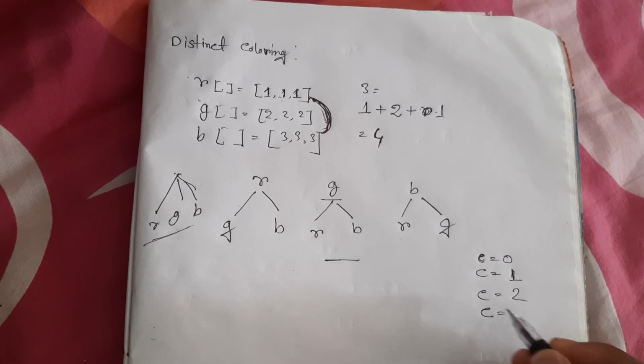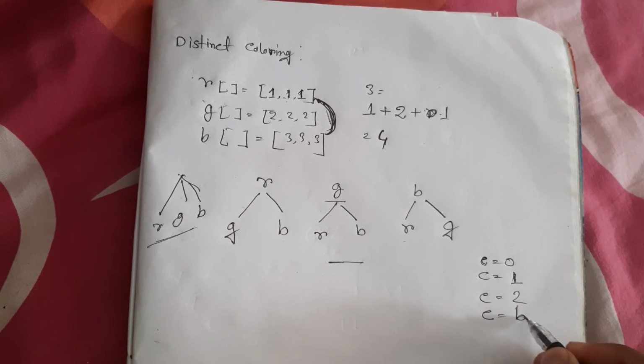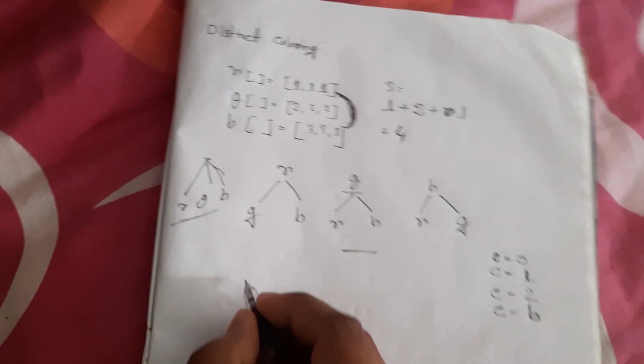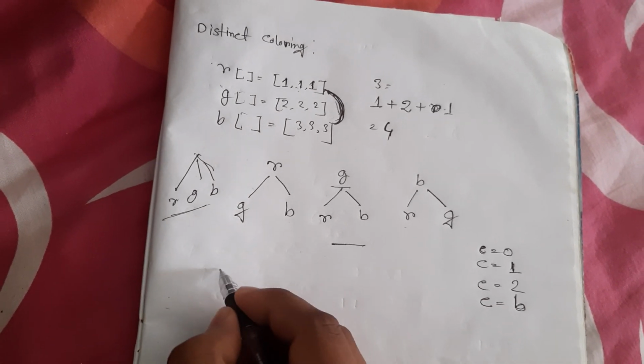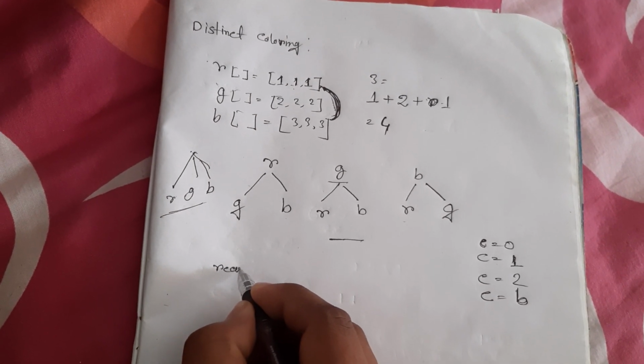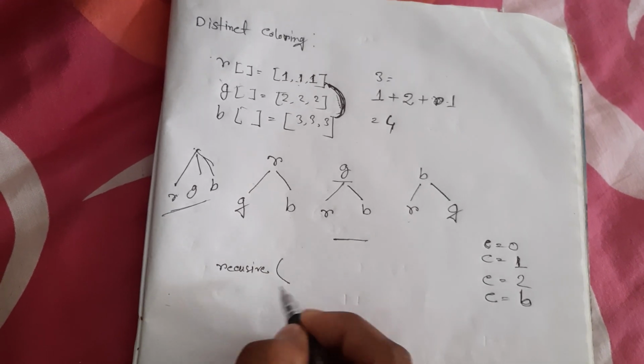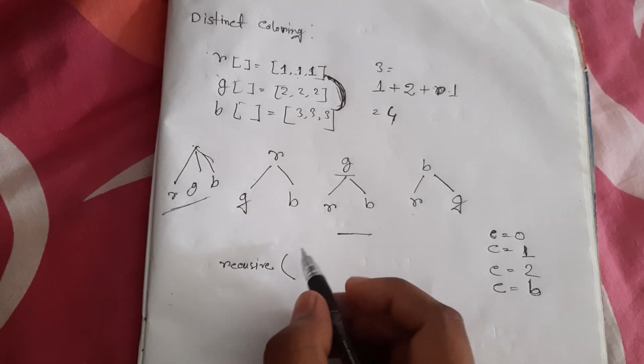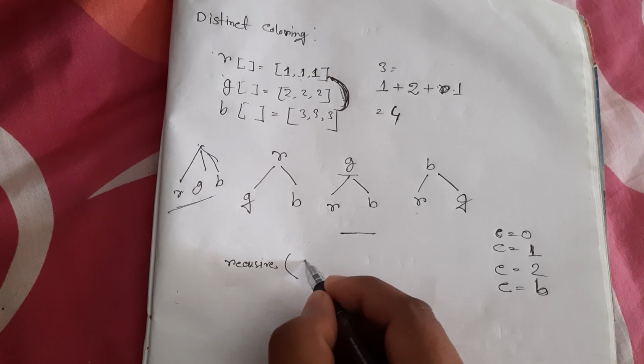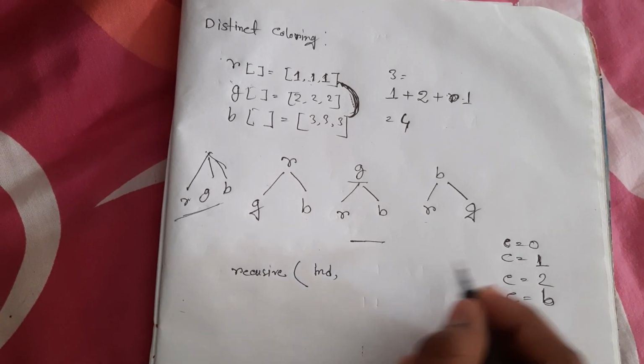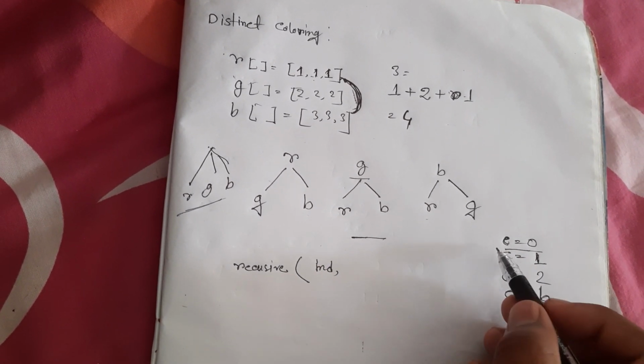And if C is 3, then we are choosing blue. So we will call a recursive function, and in the recursive function we will pass the index and which color we are choosing.